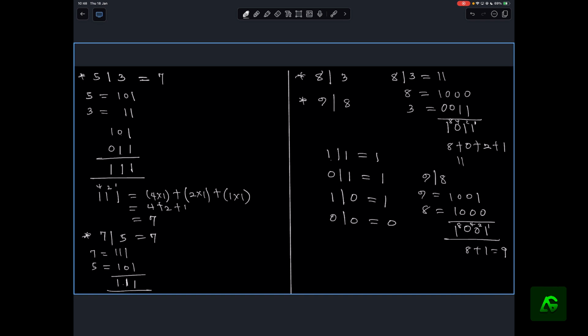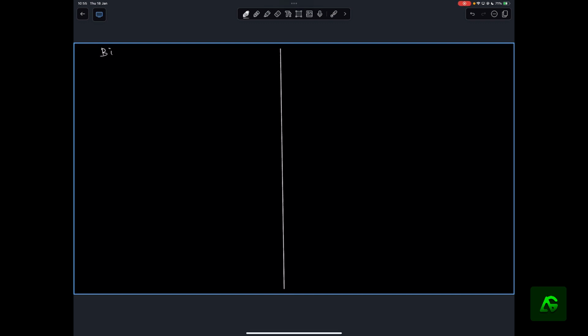So 9 inclusive OR of 8 gives us 9. You can see this is illustrating the identity element property: when 8 is combined with 9, it returns 9. So the identity element in this scenario is 8. Now let us check this out with bitwise.